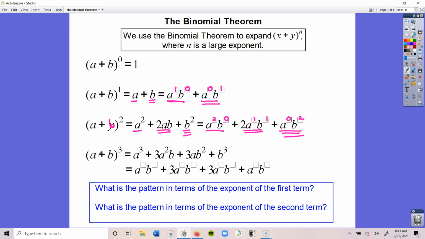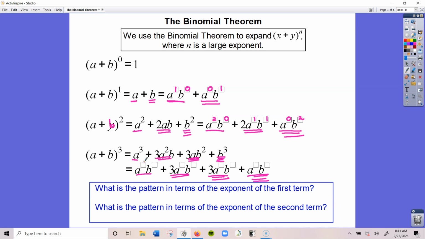Last one here, we have a plus b cubed. If you were to expand that, you would get a to the third plus 3a squared b plus 3ab squared plus b cubed. So again, this term goes with this term. This one is this one. This is this. And then this final one is this one here. And again, we're just going to note what the exponents are for each term.